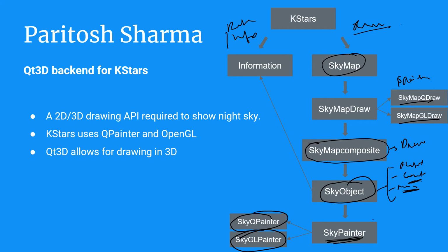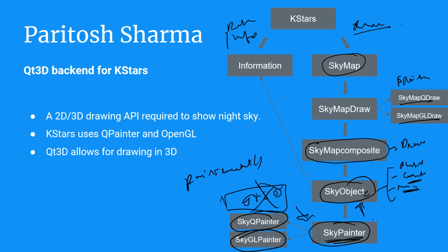Now, since the SkyPainter draw calls, which are called in the SkyObject class, occur at every paint event, we can't utilize Qt3D using this interface.